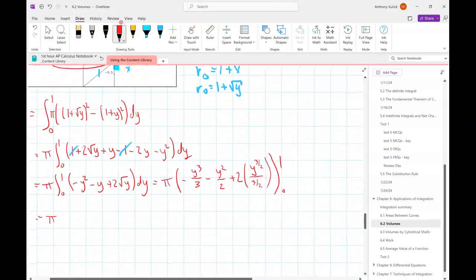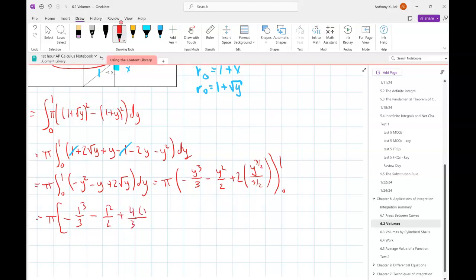So when I do that, I'm going to have negative 1 cubed over 3 minus 1 squared over 2 plus 4/3 times 1 to the 3/2.